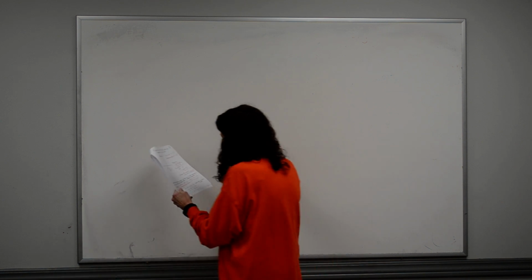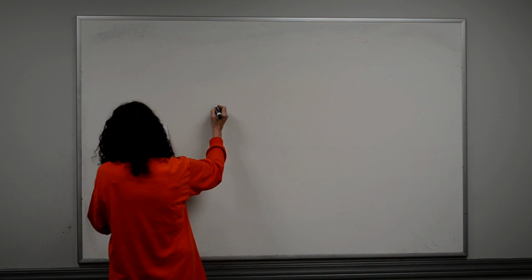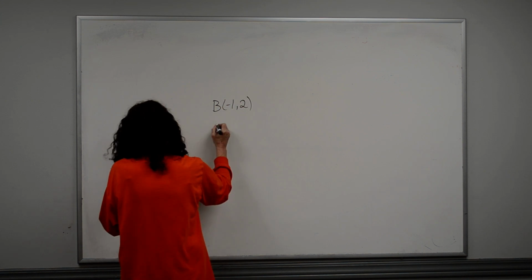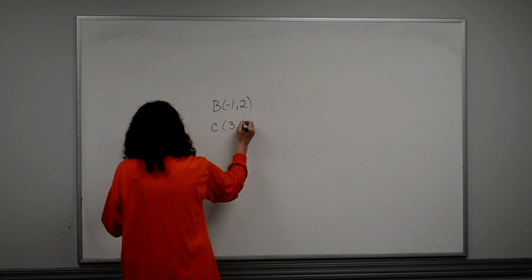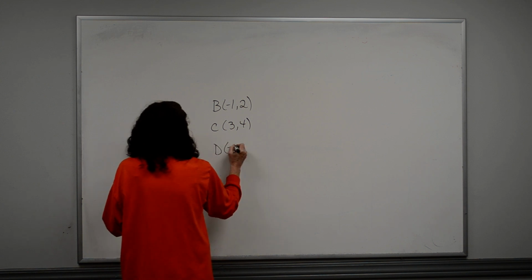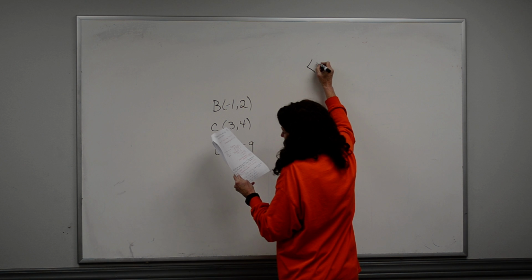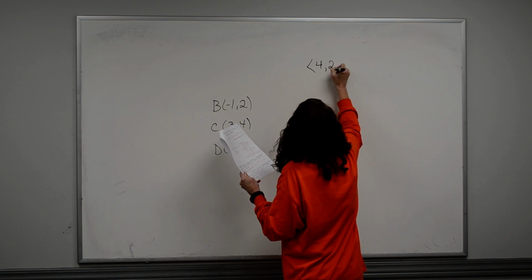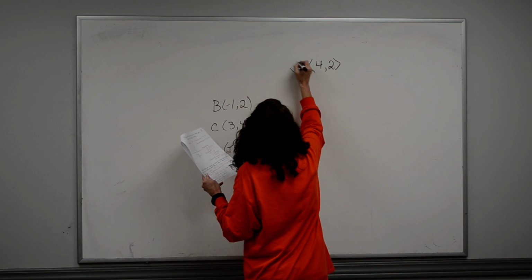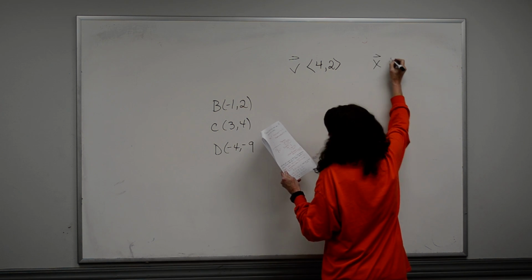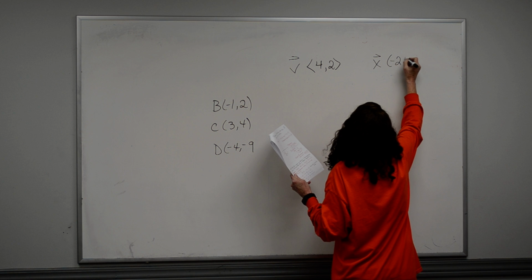So you've got B, C, and D. So B is at negative 1, 2. C is at 3, 4. D is at negative 4, negative 9. And it says do these two translations. 4, 2, this is the vector V. And the vector X is negative 2, negative 4.